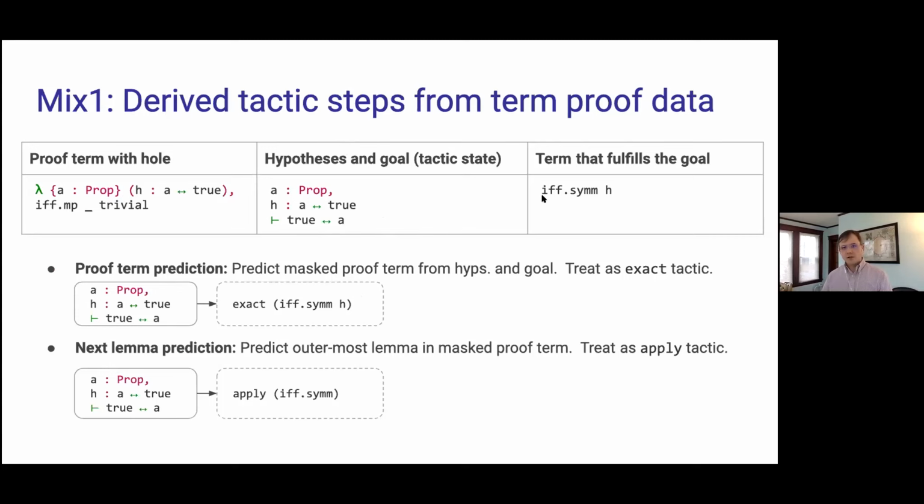If we know this term proof is going to solve this goal state, then if we just put an exact on the front, that is a tactic proof of that goal state. So that's one thing that we can add to our tactic data set. Now there are a few caveats here, because this comes from a different distribution and we don't want it to just prove exact every time. So we'll talk about how we handle that.